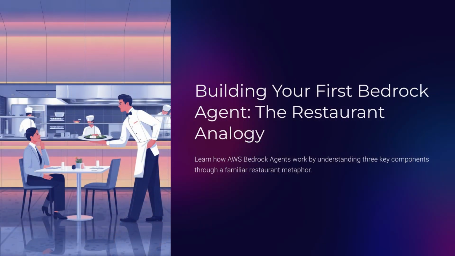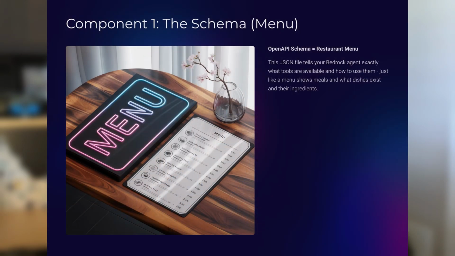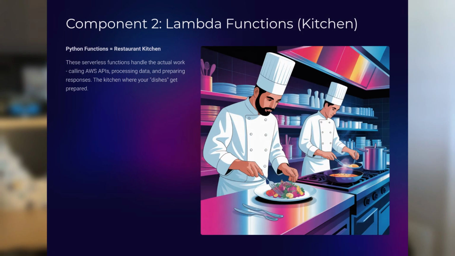So component 1 is the schema, which is the menu, right? This JSON file is like a restaurant menu. It tells the agent what tools are available and how to use them, right? Okay, and then component 2 is the Lambda function, which is actually the kitchen. These Python functions are like the kitchen.